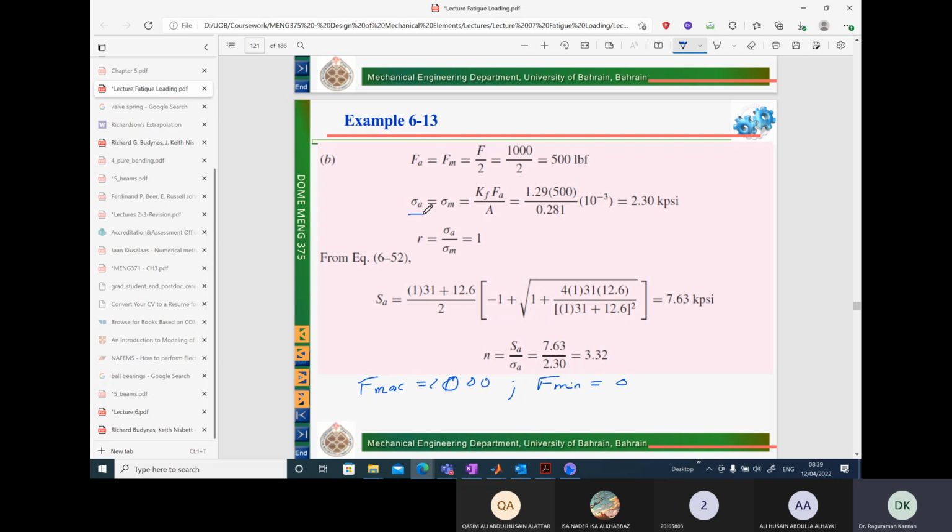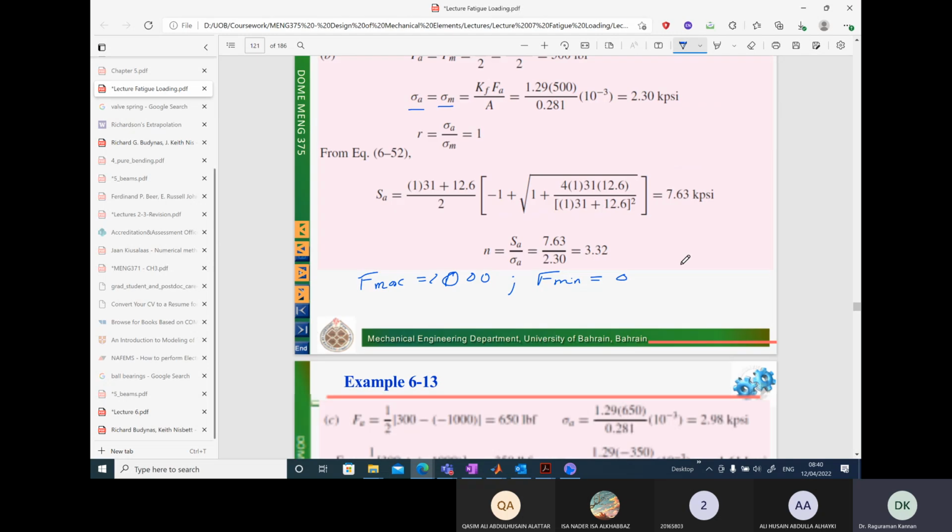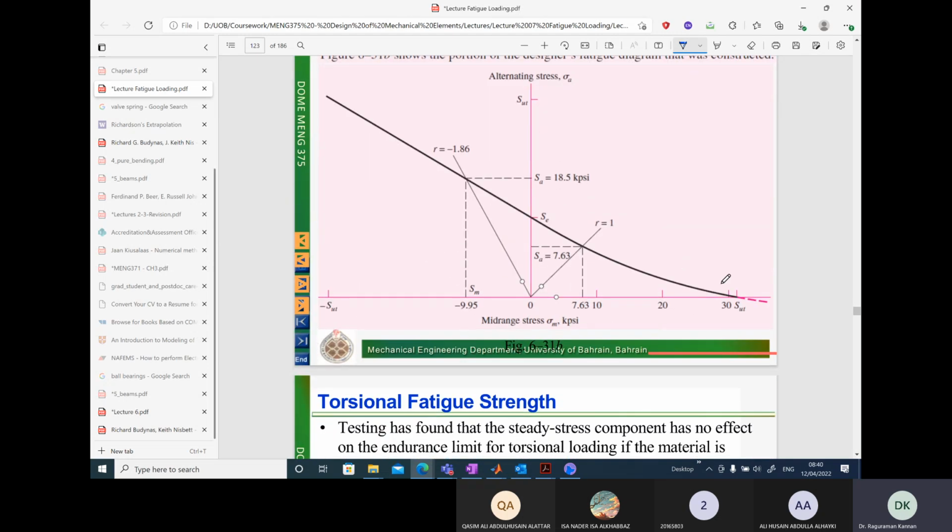Then it is easy to calculate the amplitude and mean stress with the stress concentration factor directly. They should be equal, and this is the value we get, in kpsi. Okay, so clearly we can see sigma A and sigma M, mainly sigma M, is positive. We have to use the Smith-Dolan locus. Which quadrant are we in? We are in the first quadrant.